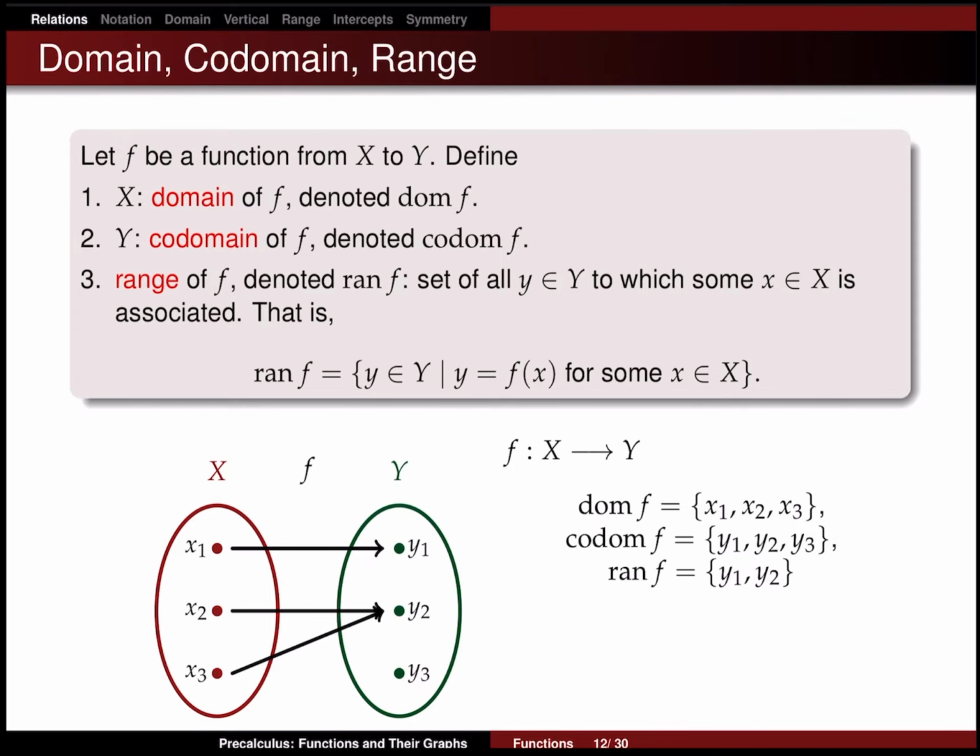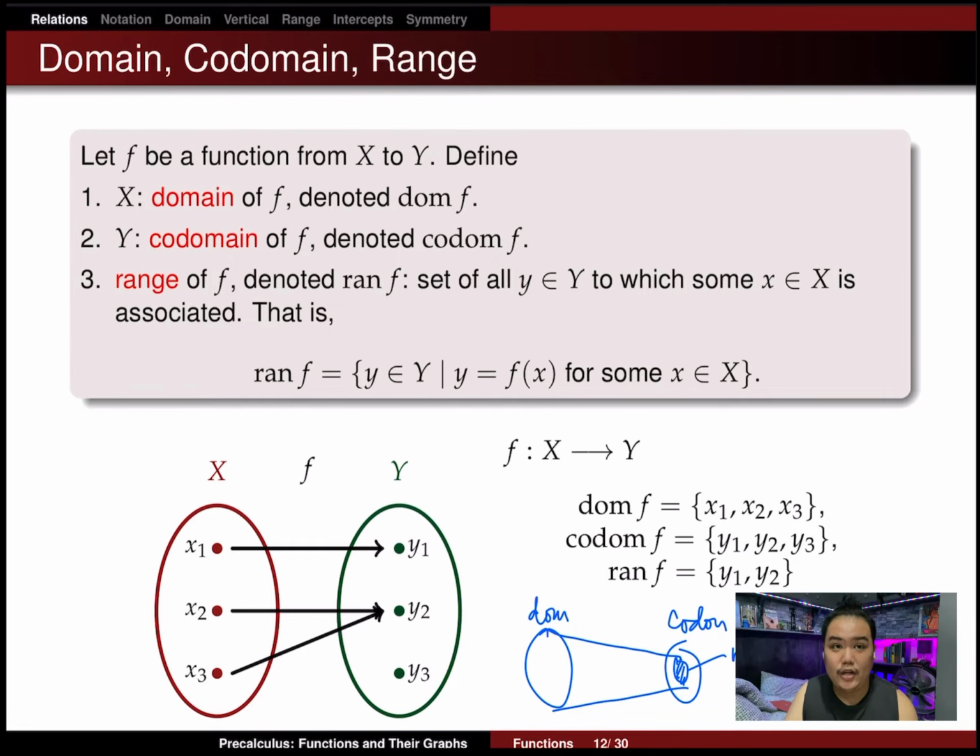Okay, nagets ba yun? Or you can view it as, this is your domain, this is your codomain, and inside your codomain, you have the range. So, lahat ng laman ng domain mo, papadala niya sa range, which is inside the codomain. So, malinaw ba yung mga terms na iyon? So, wala pa tayong method dito kung paano kukunin yung domain, paano kukunin yung range, etc. Dinefine pa lang natin siya.